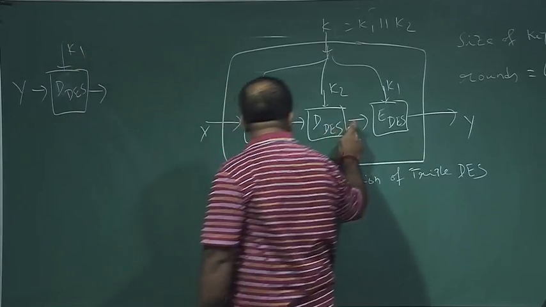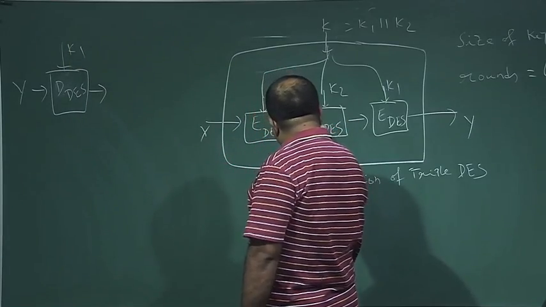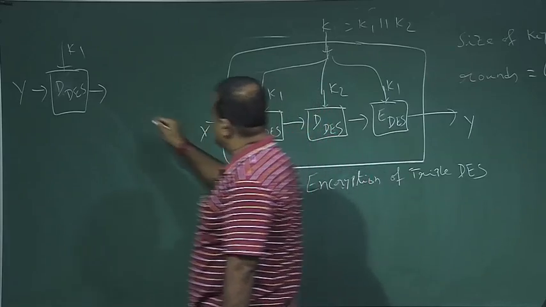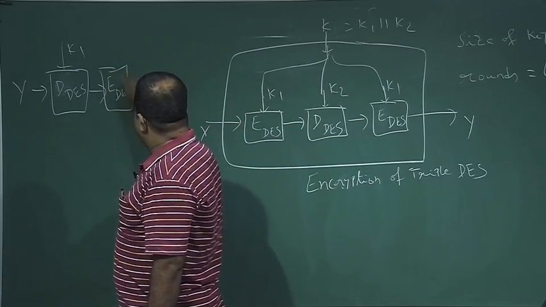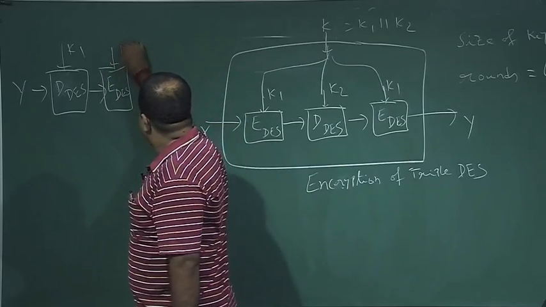Then we reach here. Then we have to use encryption, because encryption is the inverse process of decryption. So DES encryption with the key K2.